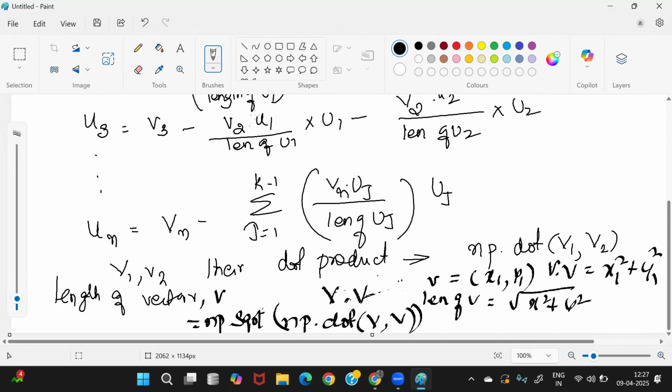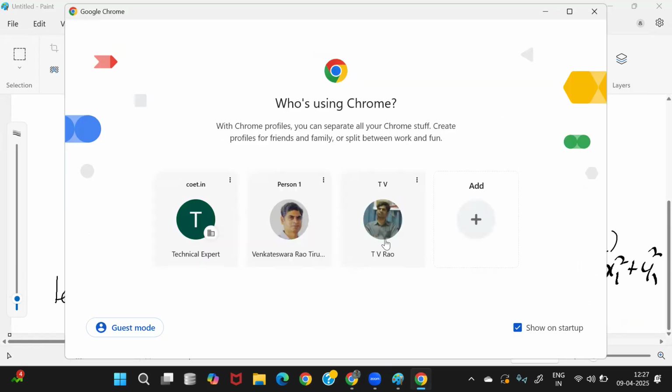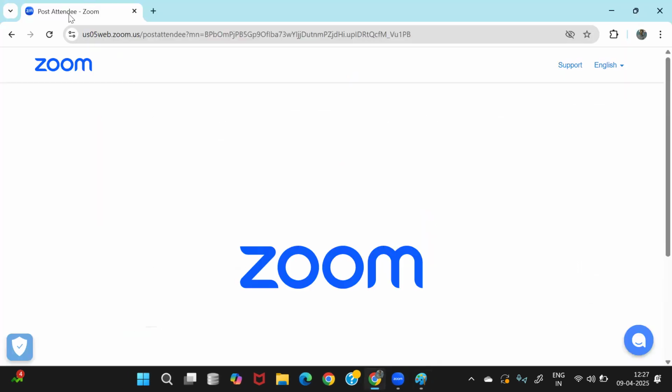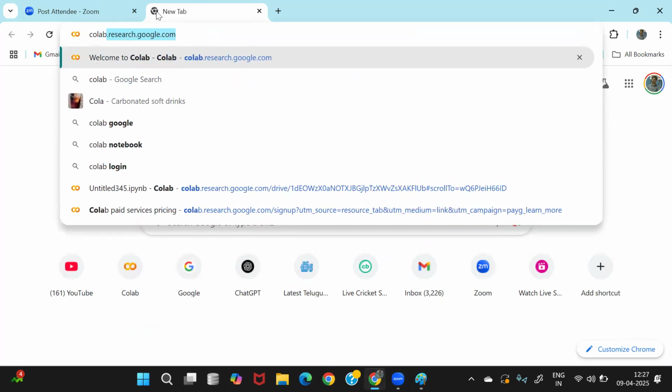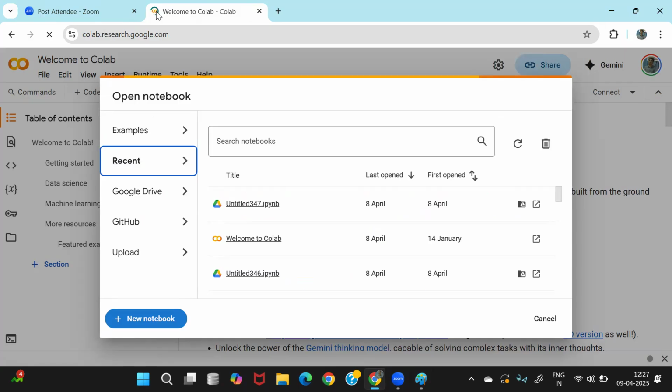Okay. Now these inputs are enough to write a simple Python code to convert vectors into orthogonal and then into orthonormal. So I use an online Python tool for programming.